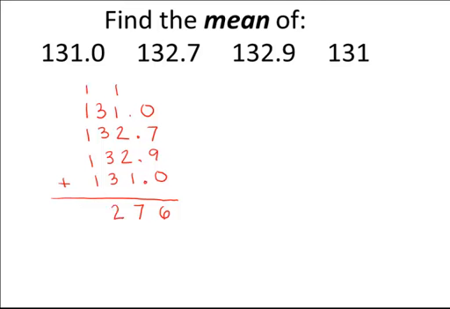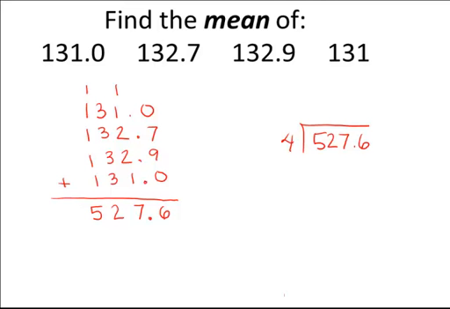And the sum of these 5 ones is 5. I'll bring down the decimal point, and I have the sum of the four numbers to be 527.6. Now I divide this sum by 4, since there were 4 numbers in my list.